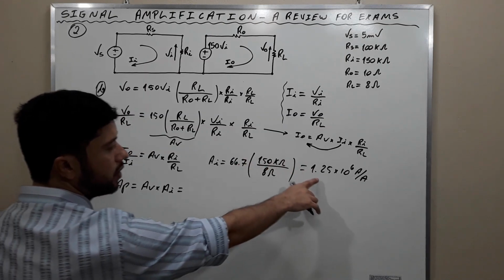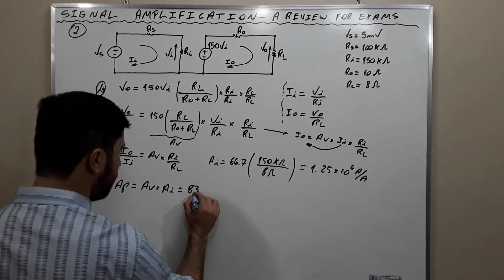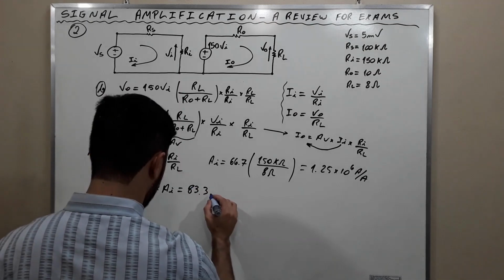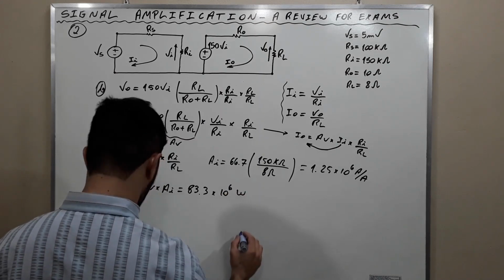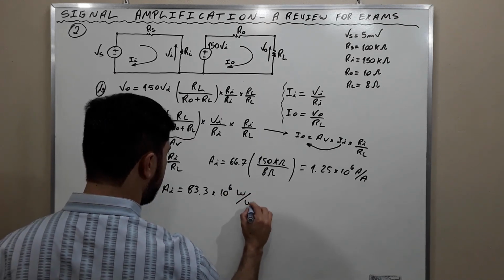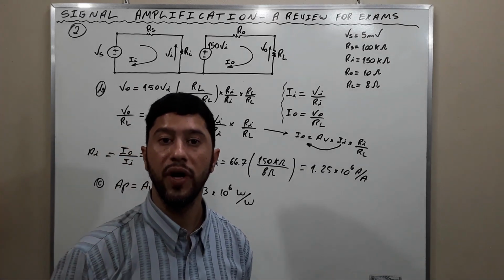This is the voltage gain and this is the current gain. Multiply the two and I find 83.3 times 10 to the 6th watts per watt. Okay, my friends? And this is all for exercise 2. Let's go to exercise 3.